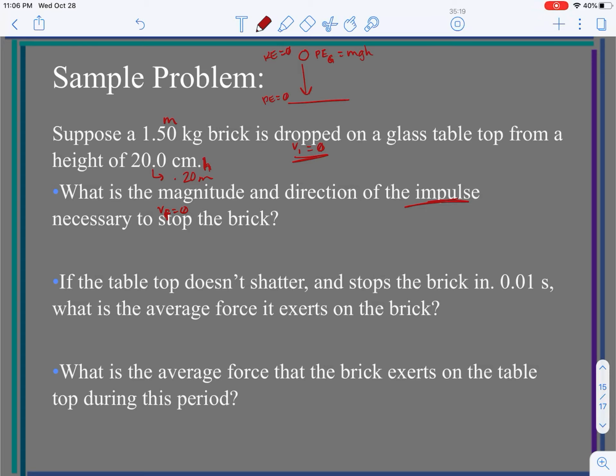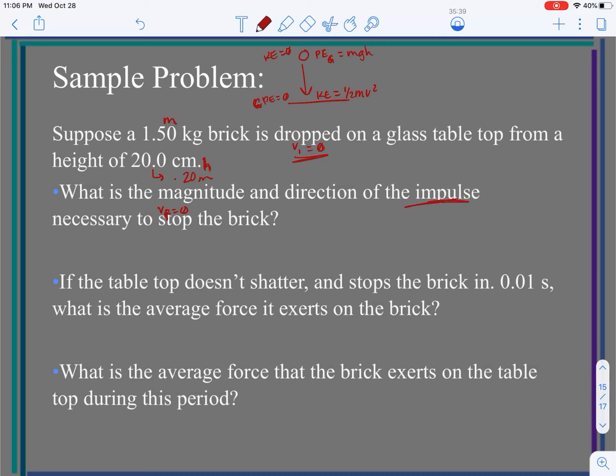When it reaches the ground, it now has a potential energy of 0 because gravitationally it is at ground 0, so a height of 0. So all of that potential energy was now converted into kinetic energy. So we know that it must have some velocity here.